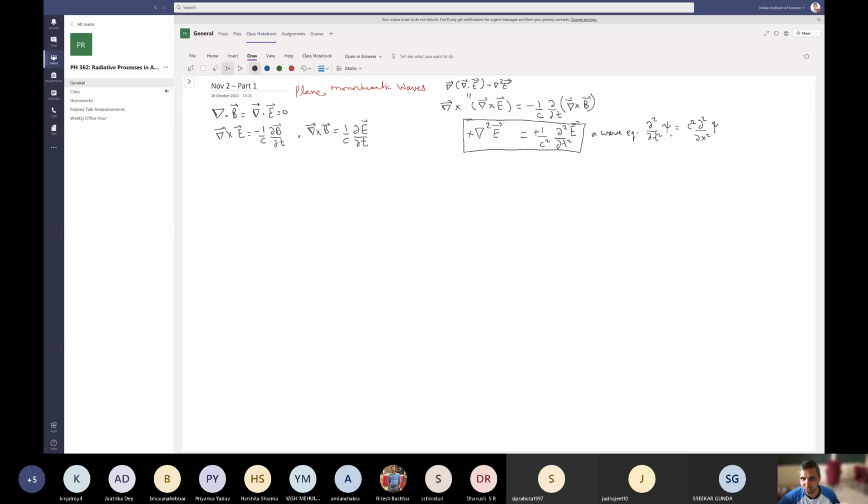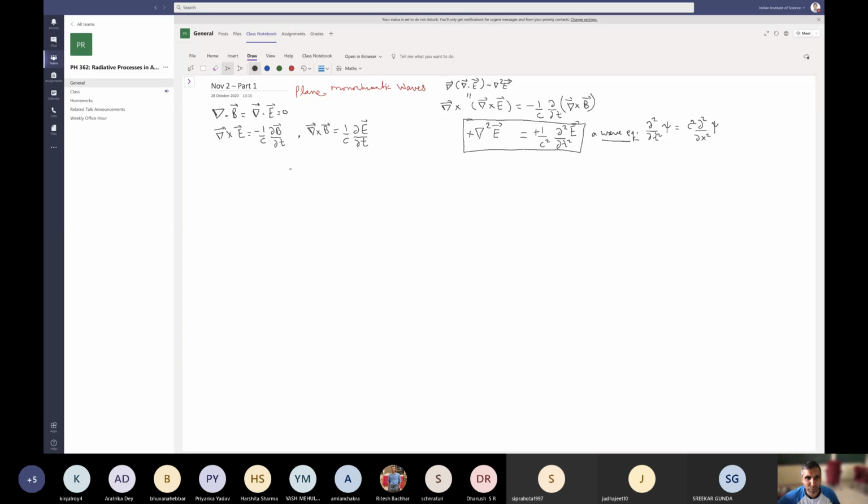This is the simplest wave equation, and this is of that form, except that E is a vector, whereas the simple example has a scalar, and this is del squared, where the simple one is the 1D version of that. So this equation is valid, and you can write a similar equation in terms of B. It will be the same equation. So basically, both E vector and B vector satisfy this wave equation.